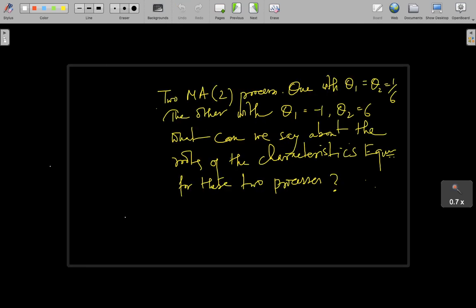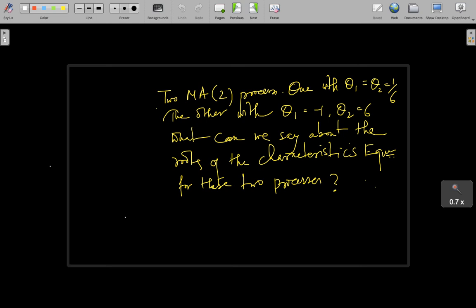Now we have two MA2 processes. One MA2 process has the theta values, theta 1 equal to 1 by 6 and theta 2 equal to 1 by 6, and the other MA2 process has theta 1 equal to minus 1 and theta 2 equal to 6. Okay, now we have to say something about the roots of the characteristic equation. So we have to set the characteristic polynomial for the MA process.